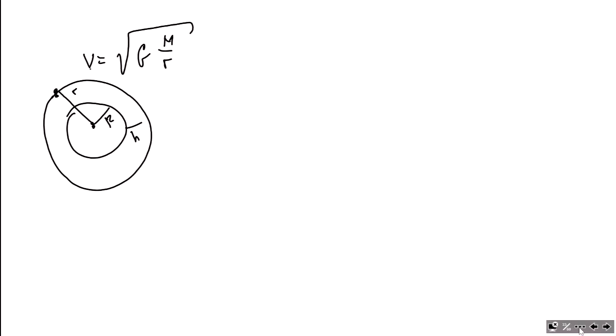And big R, capital R, is the radius of the planet. So when you say this word radius, that's ambiguous until you specify radius of what? Radius of trajectory, lowercase r, which is equal to the sum of the radius of the planet plus the altitude.